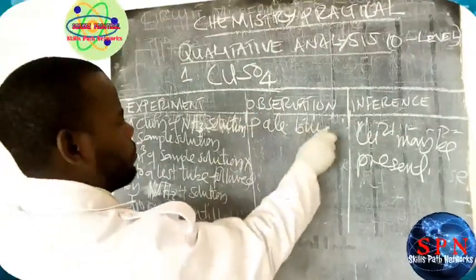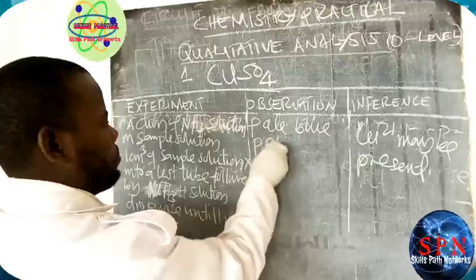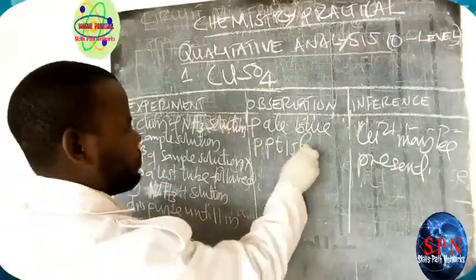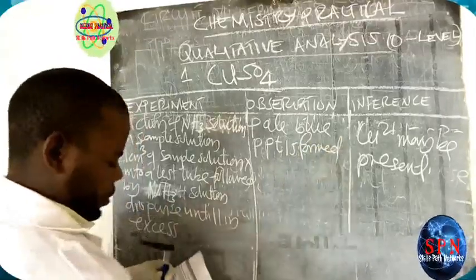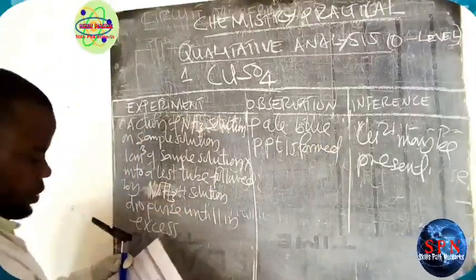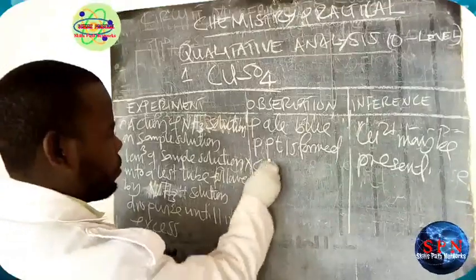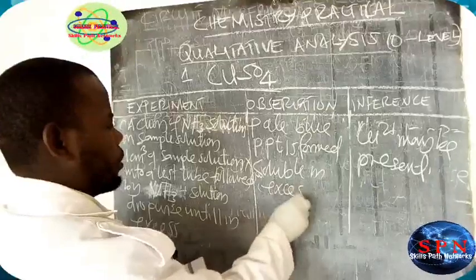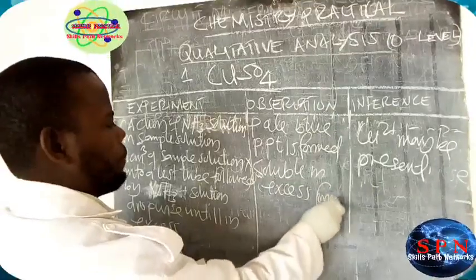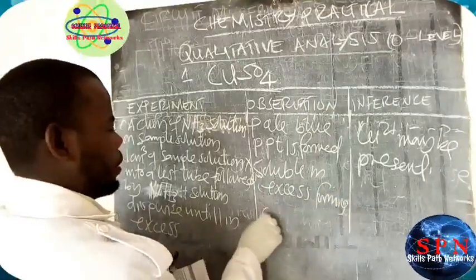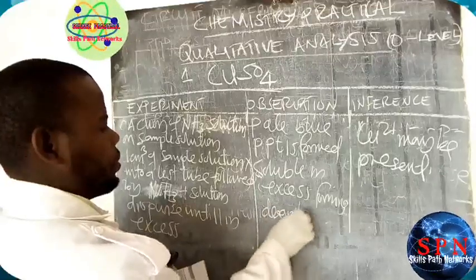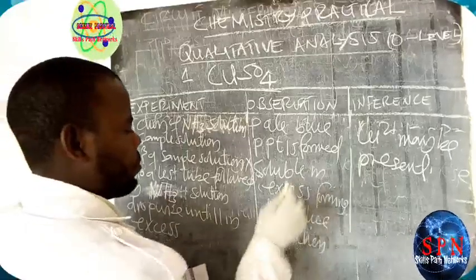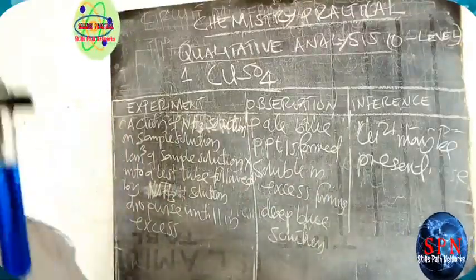Pale blue precipitate is formed, soluble in excess, but forming a deep blue solution.